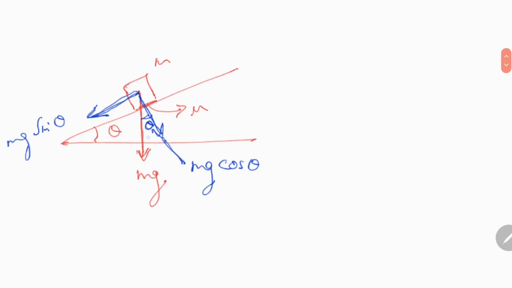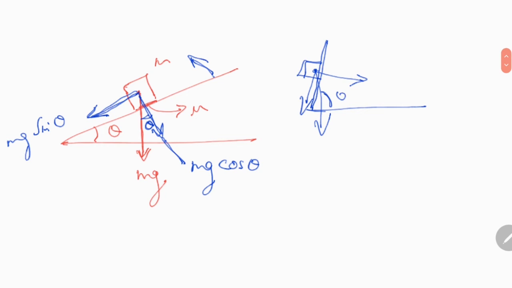As your angle increases and reaches 90 degrees, let me draw a limiting case. If this is your box, you will have mg acting downwards like this, and one component here and one component here.